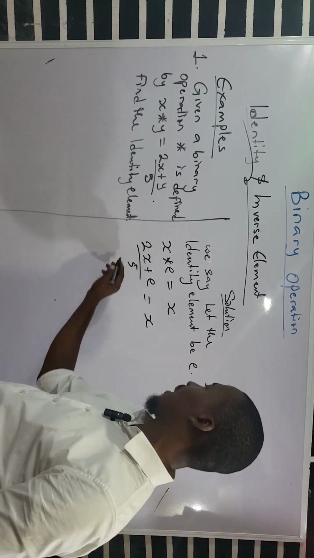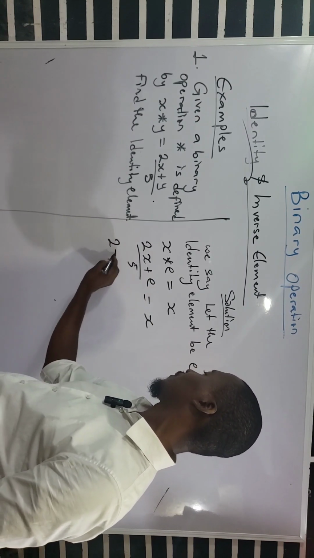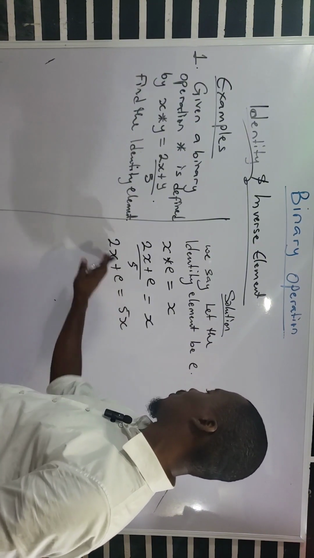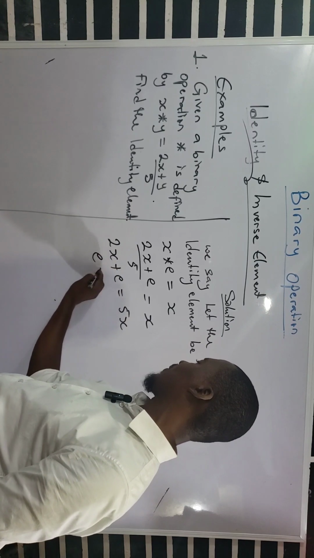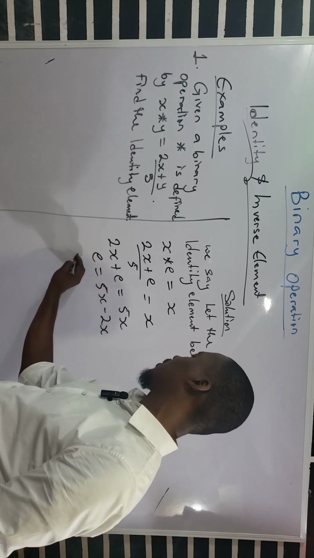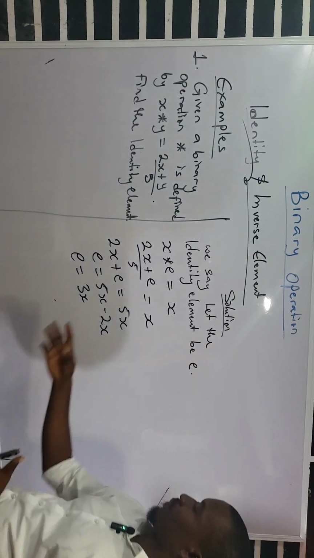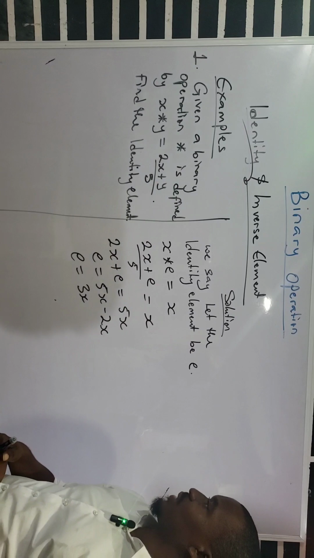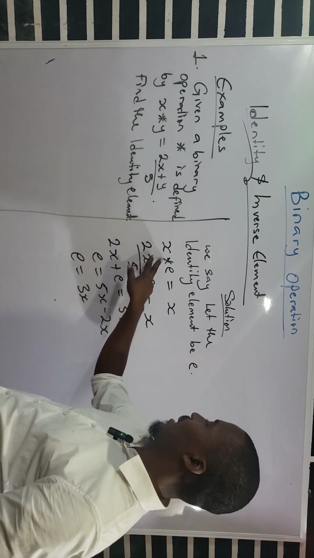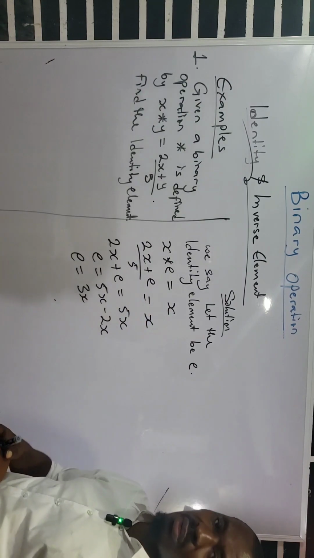Here you cross multiply: 2x + E equals 5x. So this 2x moves over here, and E equals 5x minus 2x, so E equals 3x. So you can see that E equals 3x, it becomes our identity. So when you combine x and 3x, you are definitely going to get back your x as your answer.